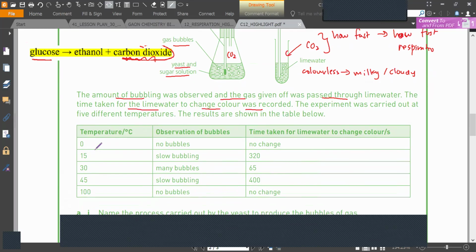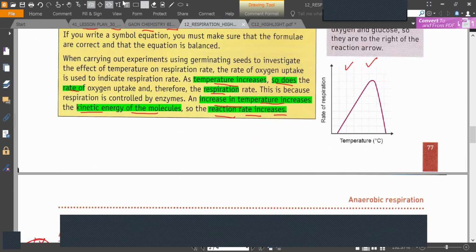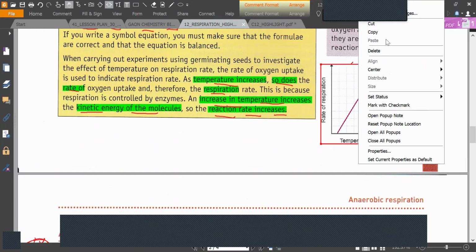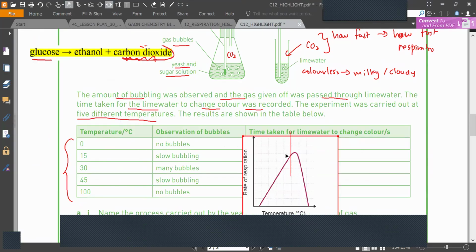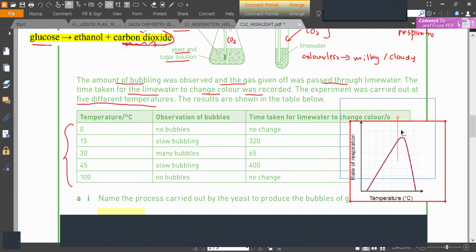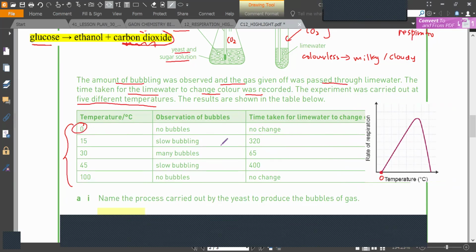So we are studying 5 different temperatures, and the trend is kind of like this. When the temperature is low, no bubbles, no change.